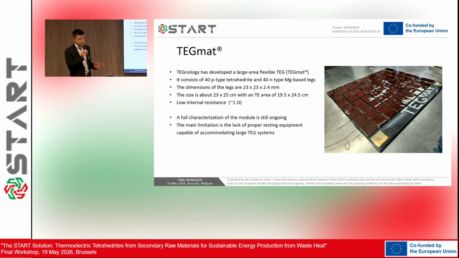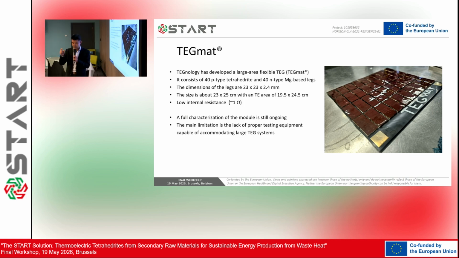We're talking about square meters, even tens or hundreds of square meters. For example, covering an annealing oven, which is 2 by 2 meters and 100 meters long, or a chimney, where we have the flue gas. So at this scale, we cannot implement the small TEGs that we used to see. No matter what, it will be too expensive.